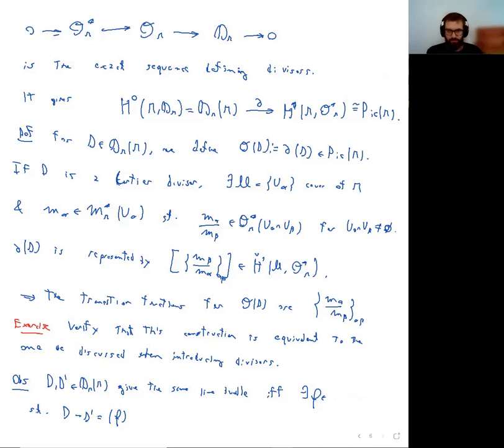Here it should be meromorphic. I'm just not sure where it's coming from. I think it has to be just O star. No, it should be M star.